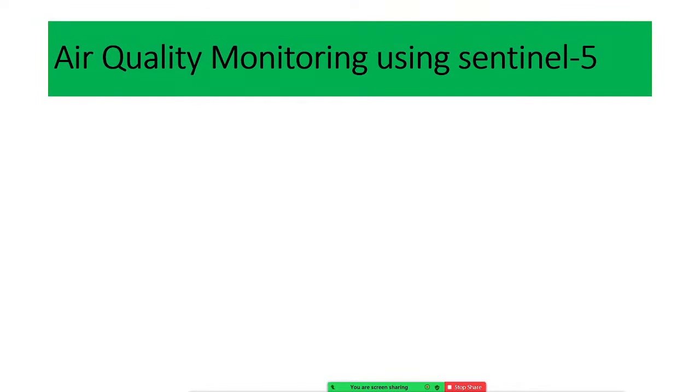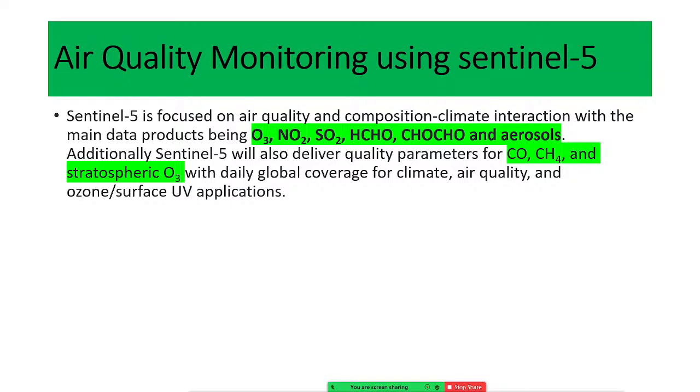First of all I will discuss air quality monitoring using Sentinel-5. Sentinel-5 is focused on air quality and composition climate interaction, with the main data products being ozone, nitrogen dioxide, sulfur dioxide and aerosol. Sentinel-5 also delivers quality parameters for carbon monoxide and methane. So we can observe all of these gases using Sentinel-5 satellite imagery.